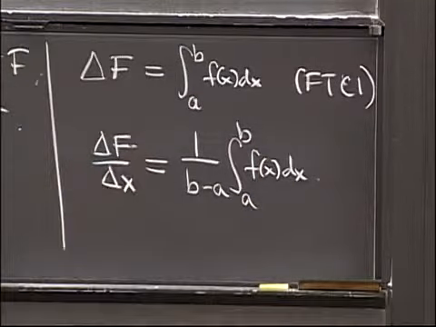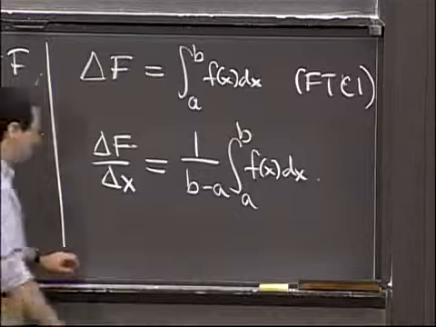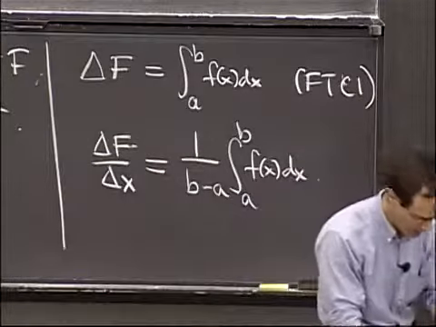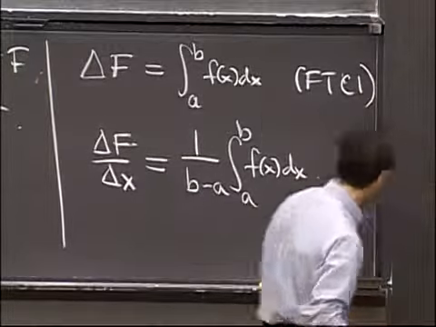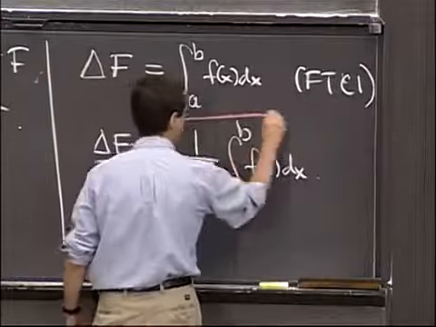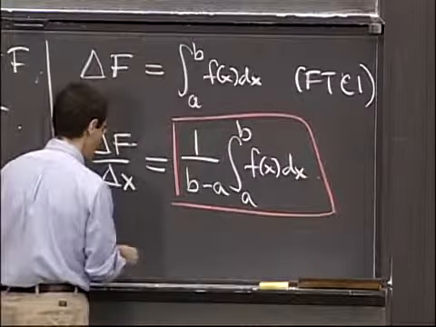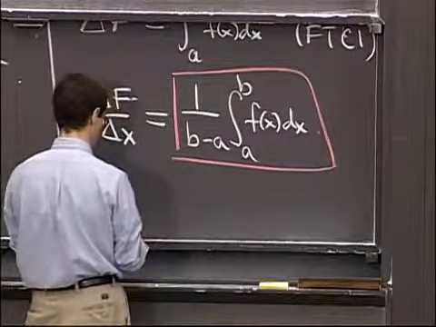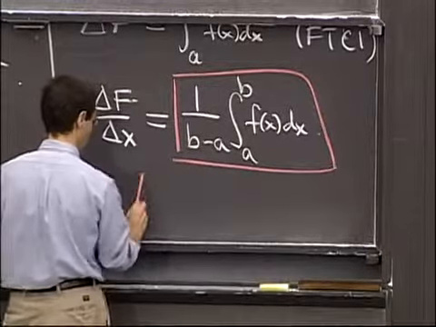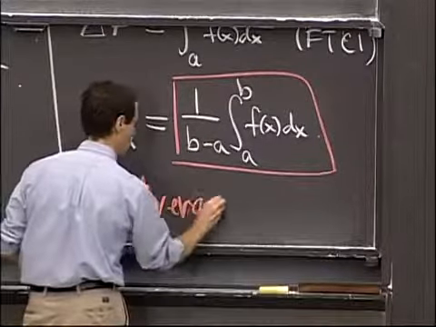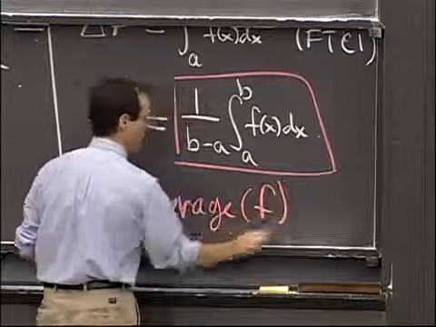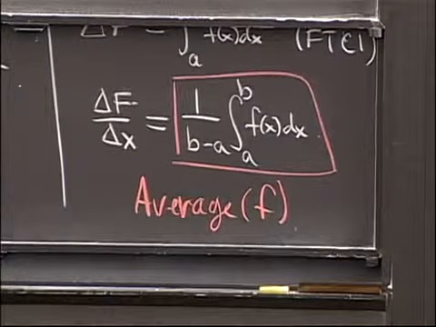All right, so I've just rewritten the formula here. And this expression here on the right-hand side is a fairly important one. This is the average of f. That's the average value of f.